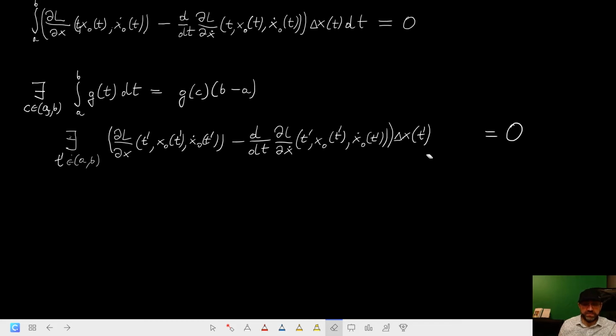Now, a small remark here. What is the derivative of the Lagrangian over x?